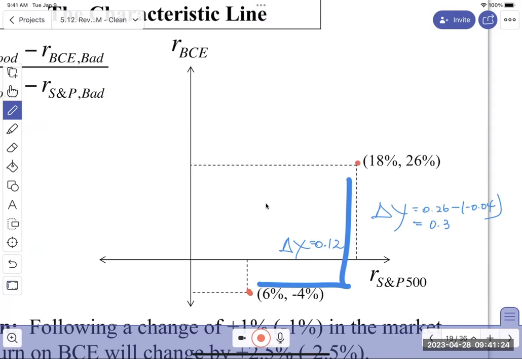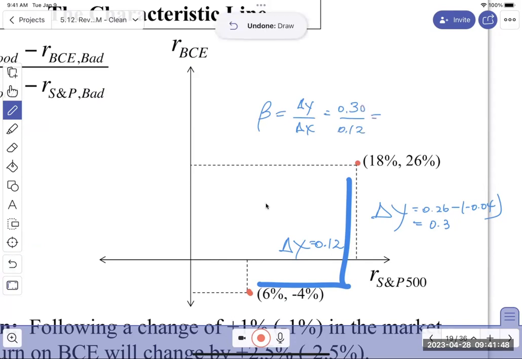So the slope. This is different than I did before because it's simpler. There's only two observations, so I can do it like this. Otherwise, I have to use my formula, right? This is not meant to confuse you. It's just meant to get the number so we can interpret it.